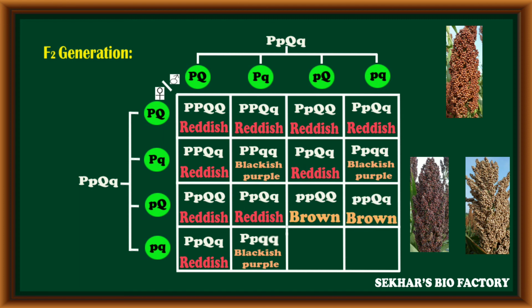Small p capital Q small q expresses brown color grains. And when both genes, gene P and gene Q, are in homozygous recessive condition, the recessive trait, brown color grains, is produced because of supplementary gene interaction.